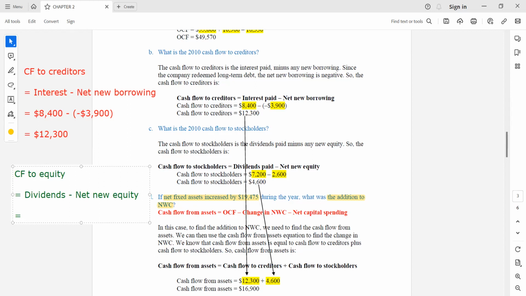So first of all, dividends is 7,200 from the question. And they did raise new shares. How much did they raise, from the question? How much is the value that they raised in terms of the shares? 2,600. Thank you. Okay, then at the end, we get back the final answer, which is 4,600. Ta-da! We are done with question C.